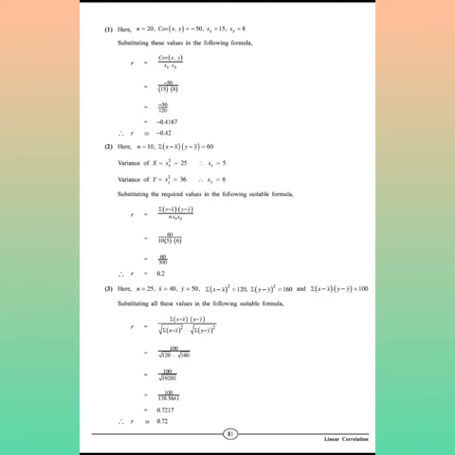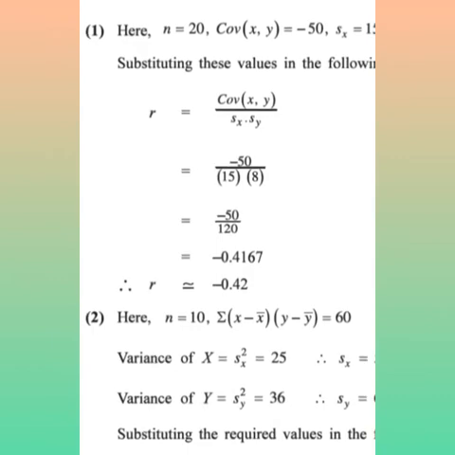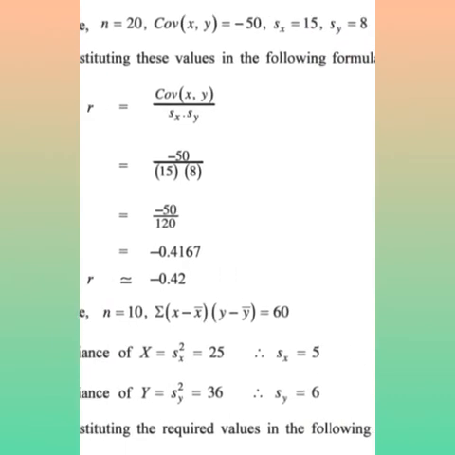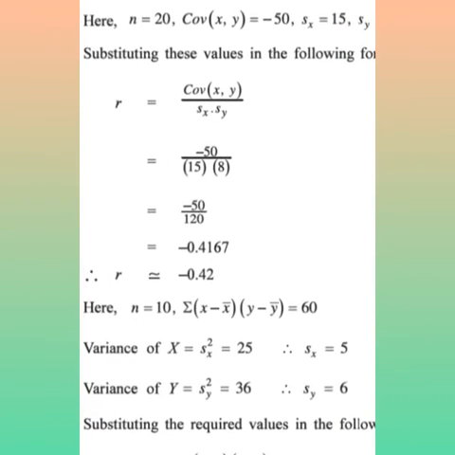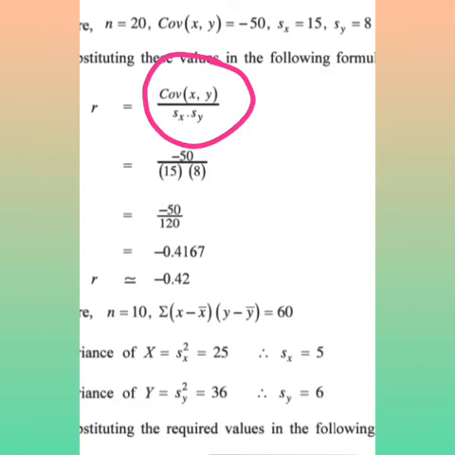Here is now the first short sum. All these questions have been given to you. As they have given you n, covariance xy, sx and sy, our formula for r becomes covariance xy upon sx into sy. Covariance xy is given as minus 50, so we put minus 50 over here.